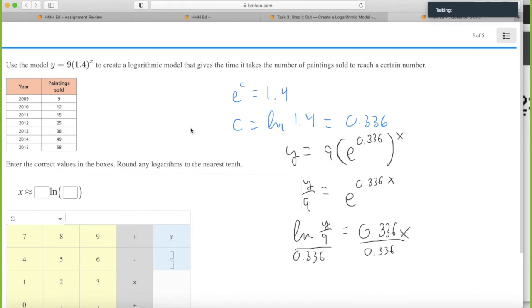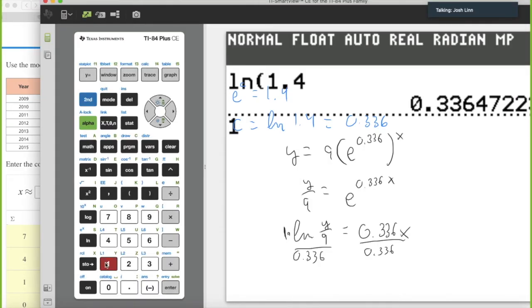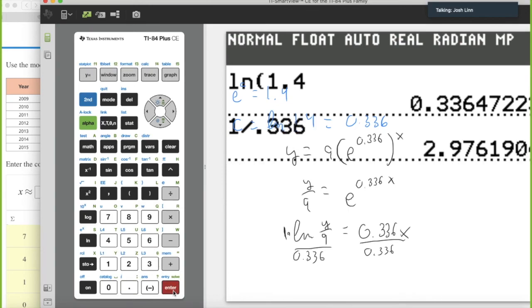There's a 1 over here, an implied 1. So again, we go to our calculator and say 1 divided by 0.336 is going to give us another fraction. So this whole equation equals 2.976 natural log of y over 9 equals x.